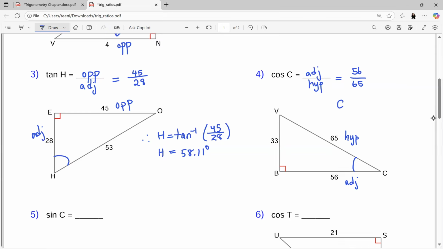So therefore, C is equal to cos inverse of 56 over 65. Work it out for me.